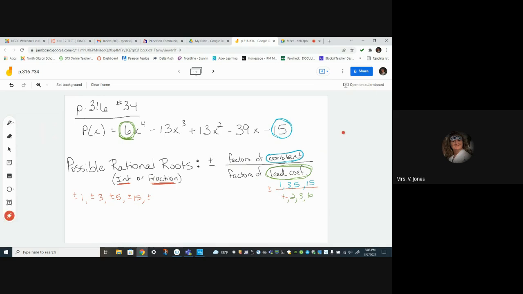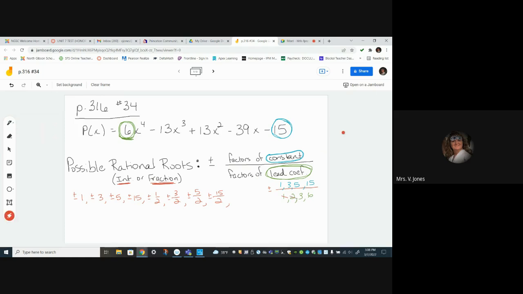So we're going to put 1 over 2, 3 over 2, 5 over 2, and 15 over 2. So the 2 is finished.